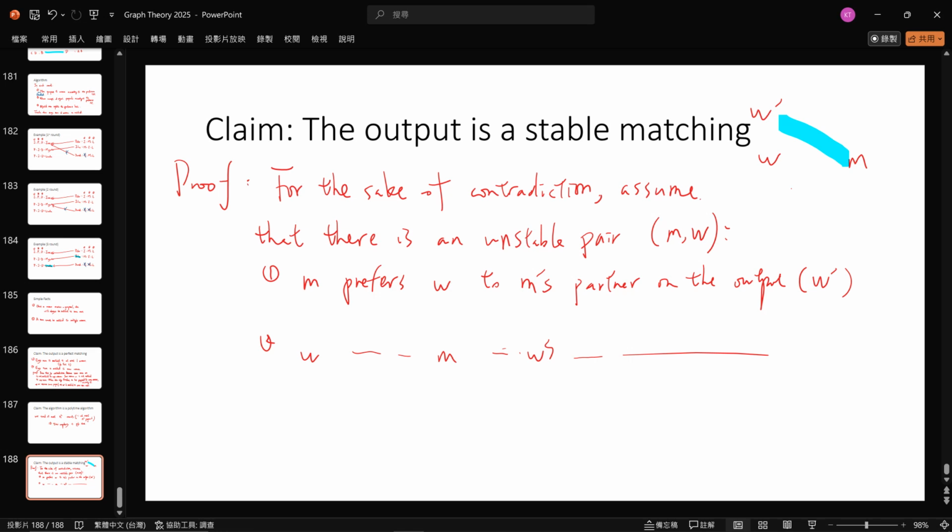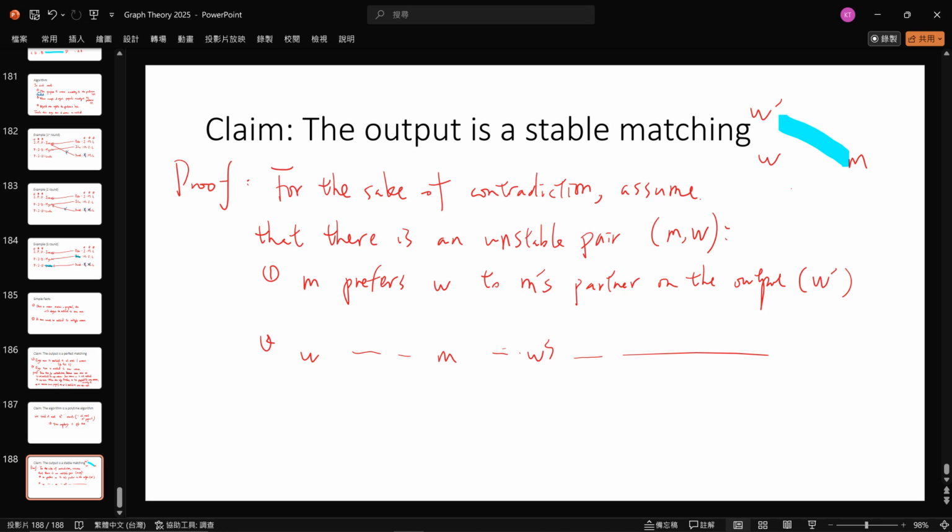No. So this blue edge is the output. And we assume that this M W is an unstable pair.